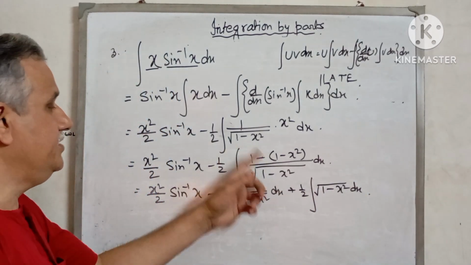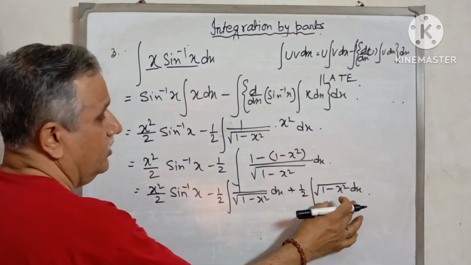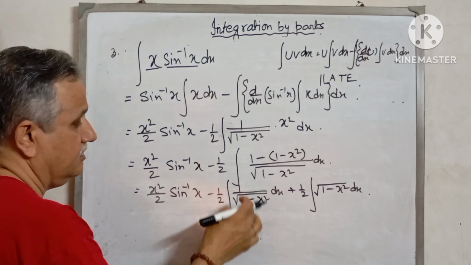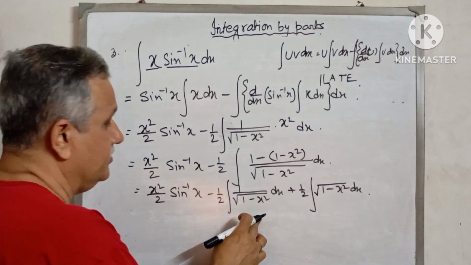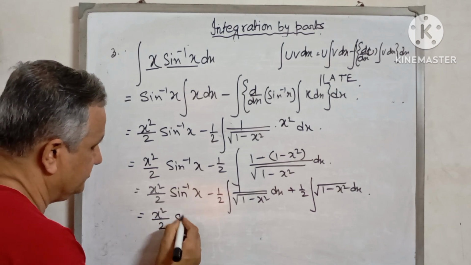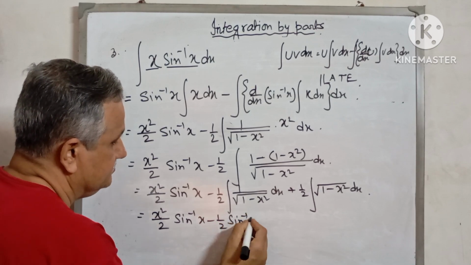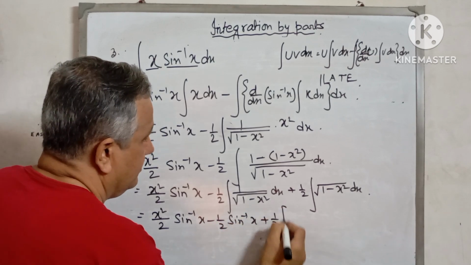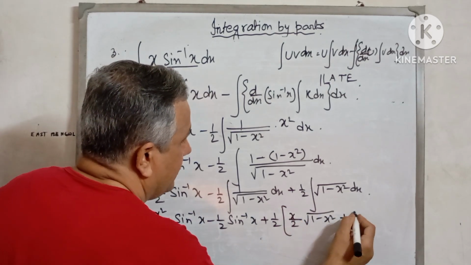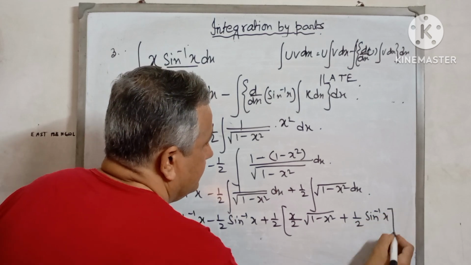Just separate it, 1 by this and this by this. Now we have a direct formula, just like before, and this is the integration. Integration of dx by root over 1 minus x square is sine inverse x. Now just putting the values, sine inverse x minus half sine inverse x, and this is x by 2 root over 1 minus x square plus a square by 2 sine inverse x by a plus c.